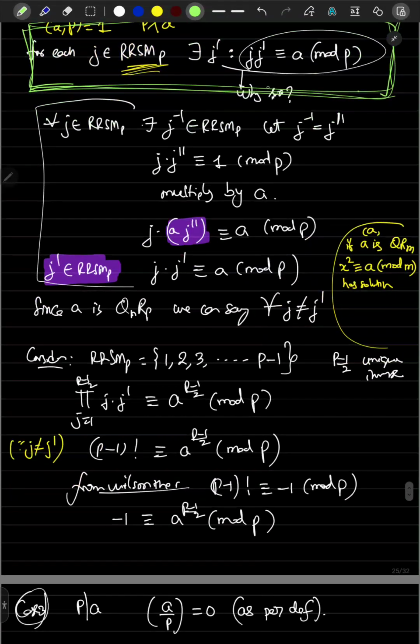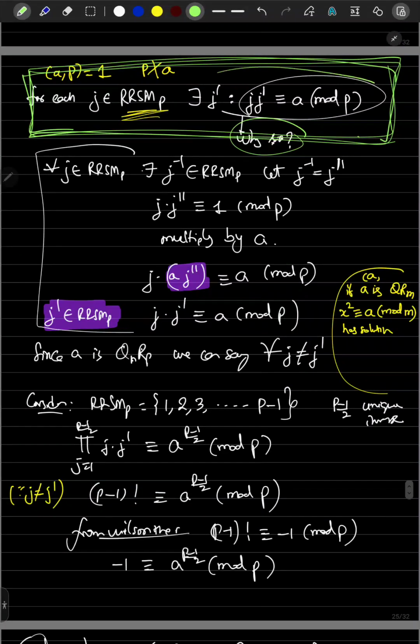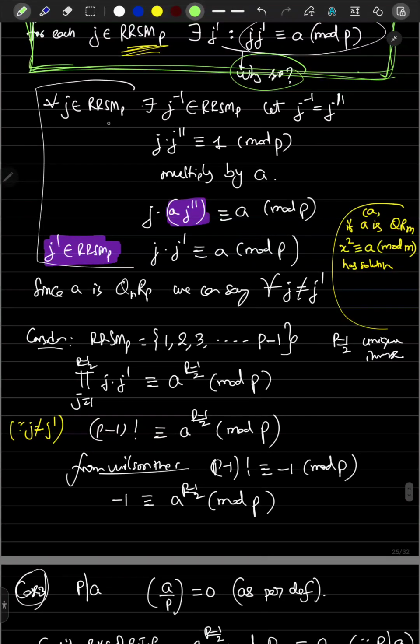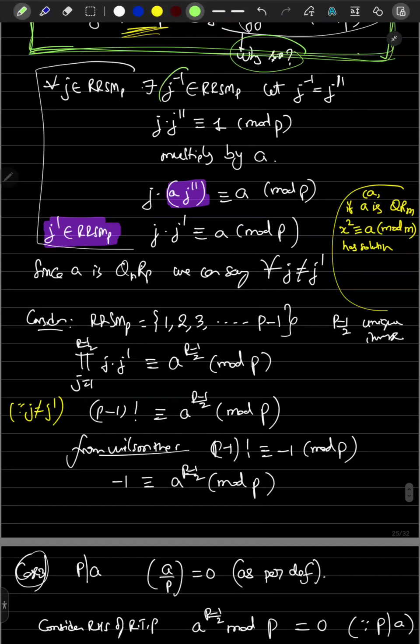So now let's see why I can conclude like this if j is an RRS belonging to P. We know some properties, which you have to study from the last semester, some course, but just believe me. If j belongs to RRSM P, then their inverse also belongs to RRSM P. Let's call that inverse j double dash.